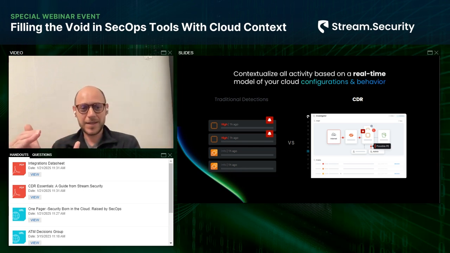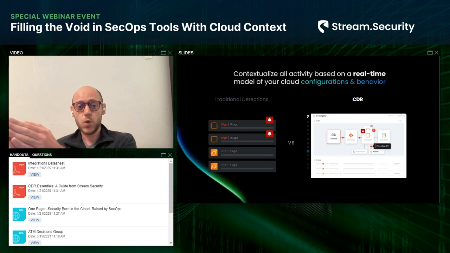CDR comes in and actually reprioritizes those detections. It has the ability to understand the potential exploitability of the asset, the potential blast radius, and to read out the entire session, so that you don't detect against specific logs, but against a storyline of activities combined together.